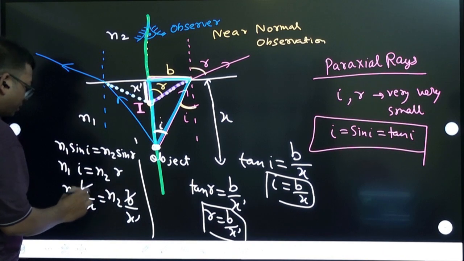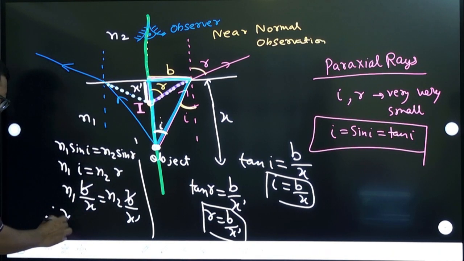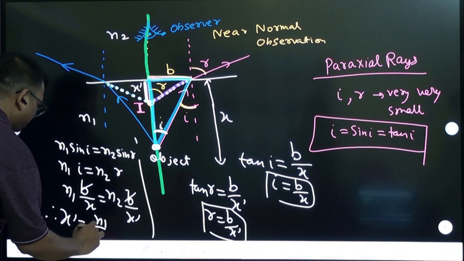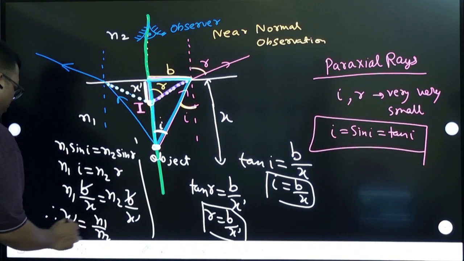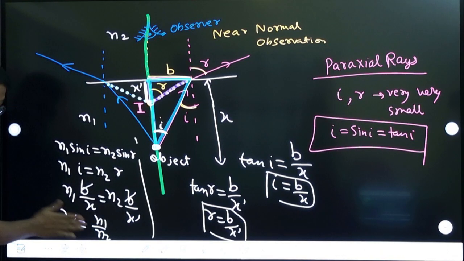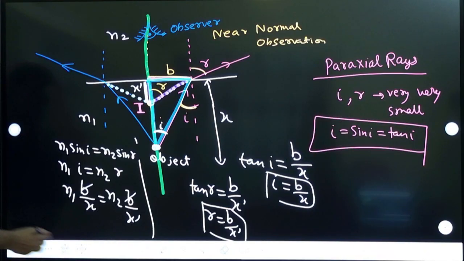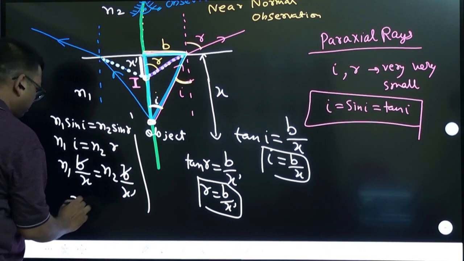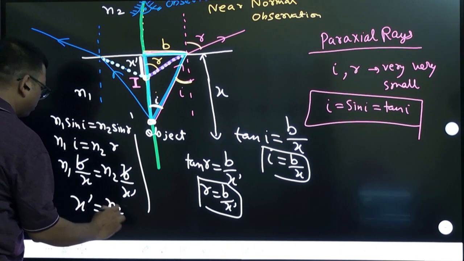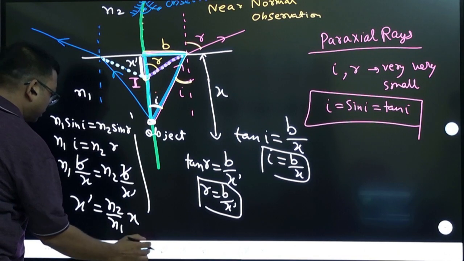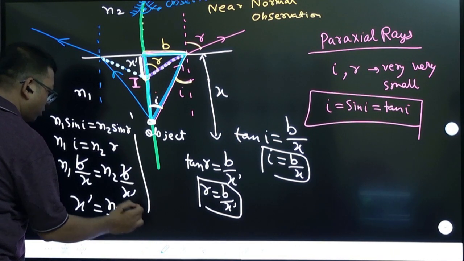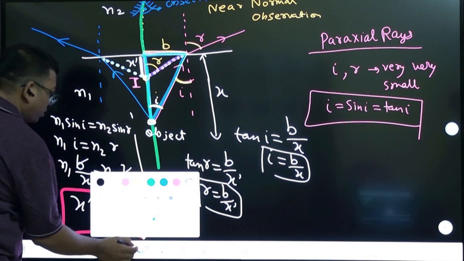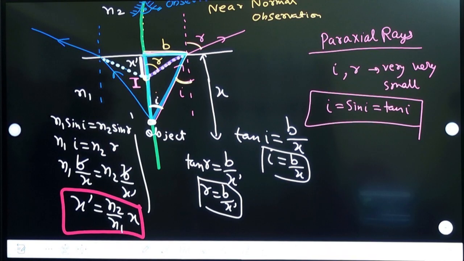So B gets cancelled. So x dash becomes N2 by N1 times x. That is the law, not law, it's an important result for near normal observation.